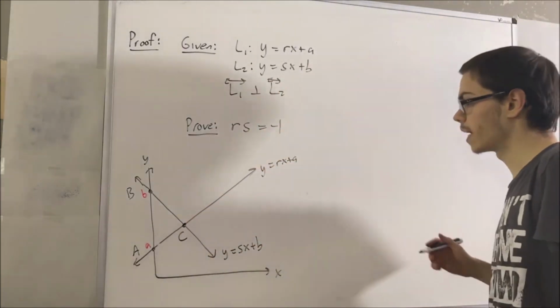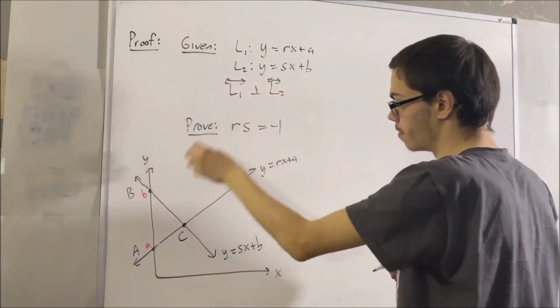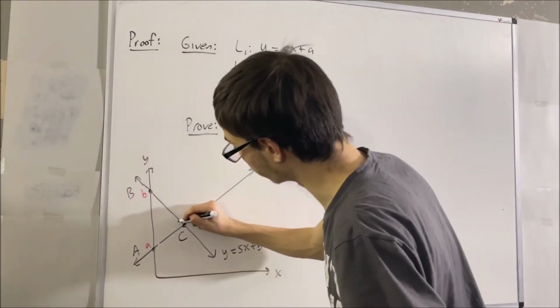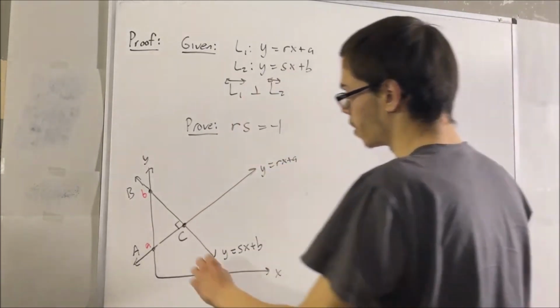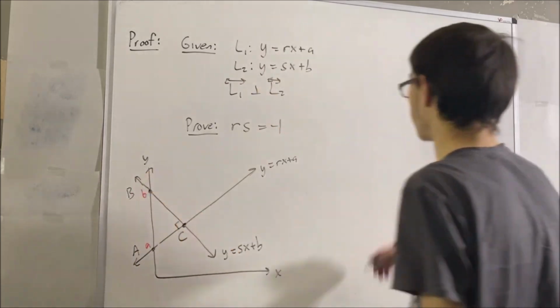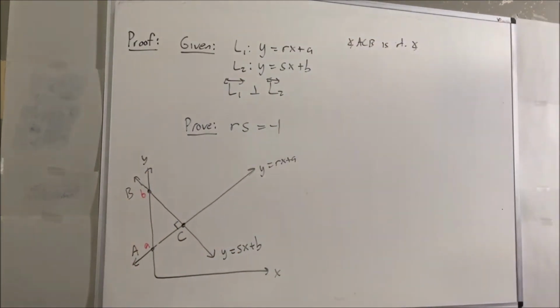Now, by the way, since we know that L1 is perpendicular to L2, and perpendicular lines form right angles by definition, therefore angle ACB is a right angle. So we're able to say that. Angle ACB is a right angle.